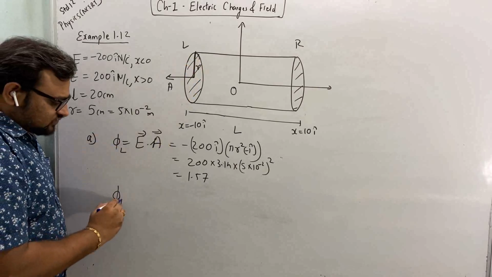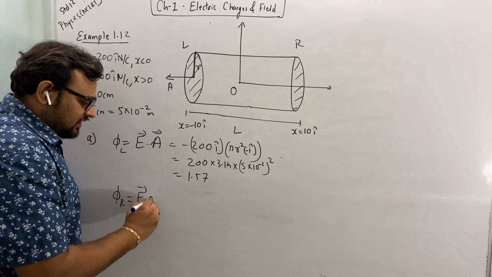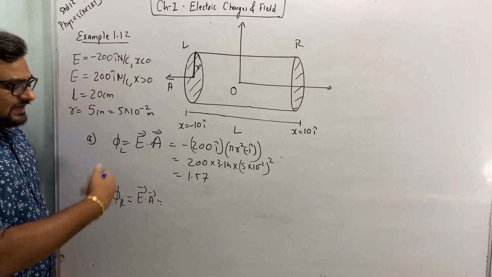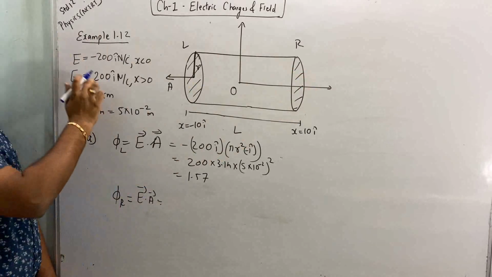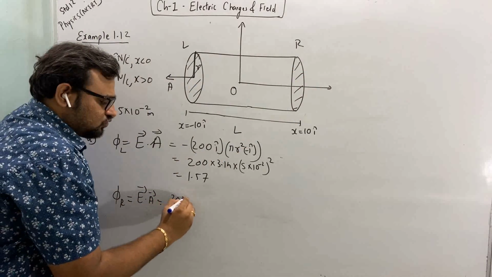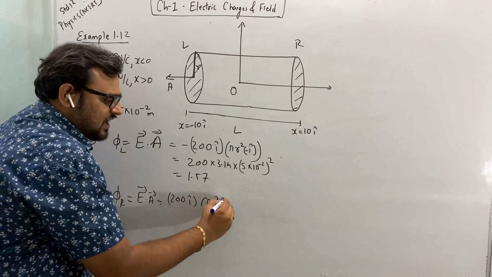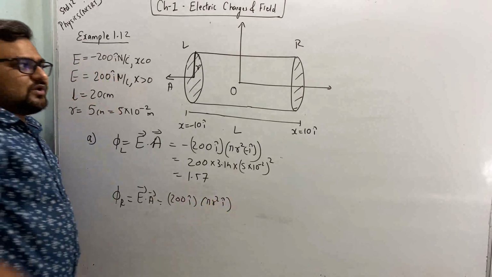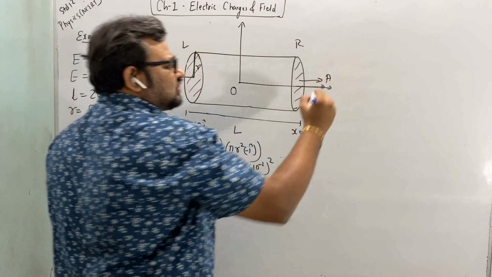When I take flux on the right side, again there will be E dot A. Right side means x greater than 0, so there it is plus 200i. So 200i into pi r square i. Here the electric field is in this direction and the surface area A is also in this direction.